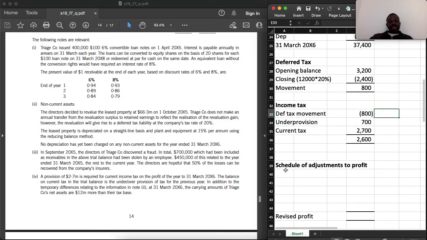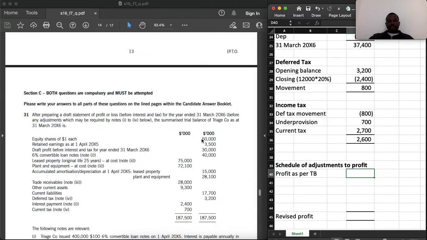Let's do the adjustment of our profit. We have got our profit as per the trial balance. How much is our profit as per the trial balance? It is 30,000, like that.